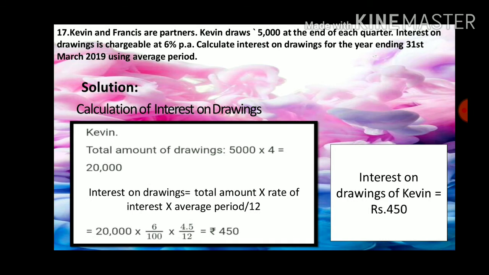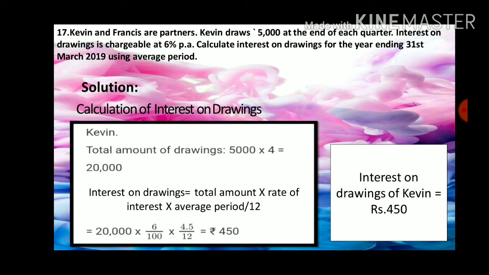Then next, question number 17. Kevin and Francis are partners. Kevin draws 5,000 at the end of each quarter. Quarter means what? 3 months once. So we consider it as 3 by 4. Interest on drawings is chargeable at 6% per annum.